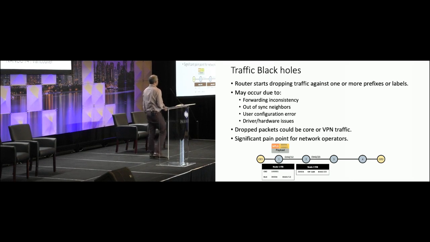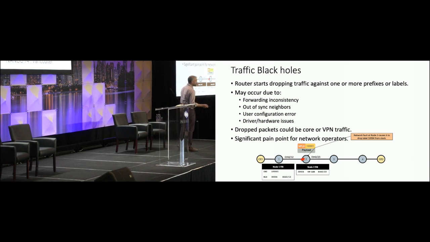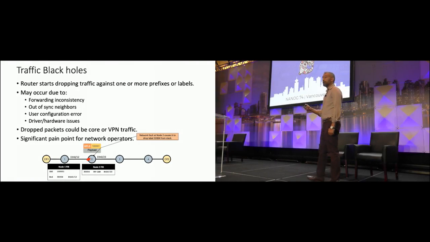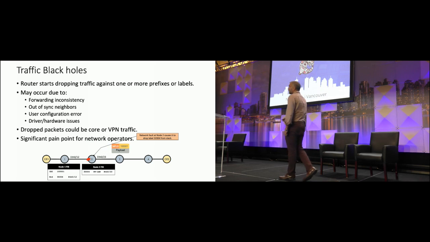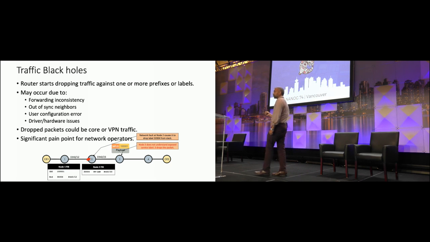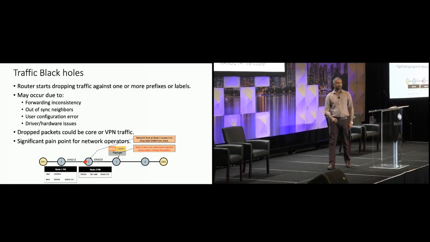If you notice over here, the MPLS label that is being sent is unlabeled on the next hop, and this is not a very uncommon scenario in the network. In this case, it may just pop that label, expose the VPN label prematurely, and send it towards the next hop. Because the next hop is a core node, it does not understand the VPN label or the payload underneath it, so it's going to drop the traffic.